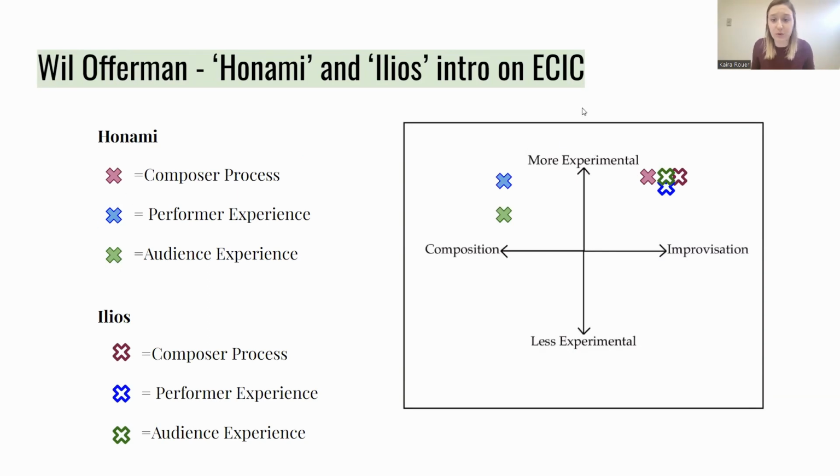However, the performer experience, we come over here to the solid blue X, and it's very much composed, but it is still very experimental because of those moments of indeterminacy and contingency. So it's improvisational, but in a really prescribed way still, which is why it still falls in that compositional quadrant.